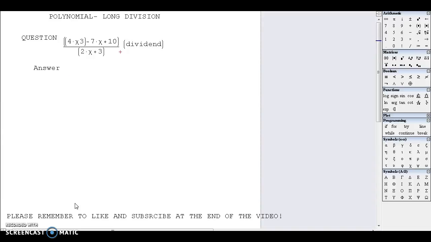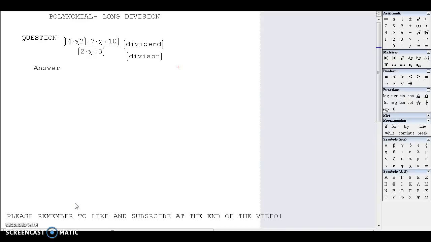So right here we have our dividend, and at the bottom right here we have our divisor. Good. Now it's very important. The divisor is very important in this question because it is the divisor that we're going to be using the most, right?